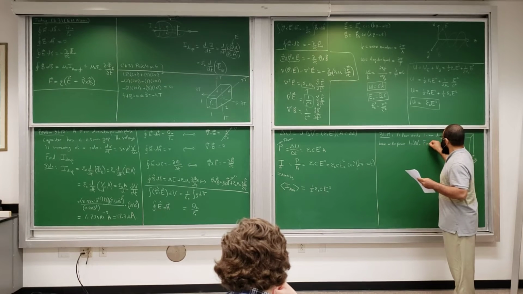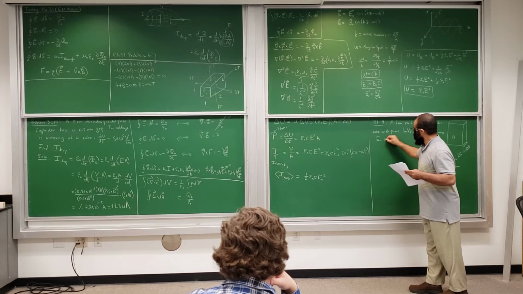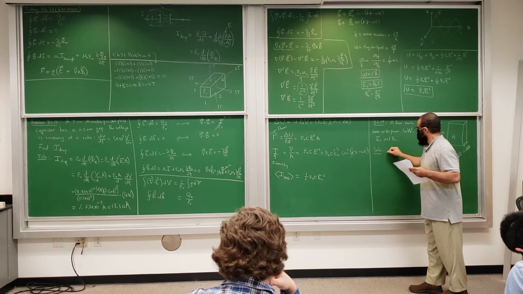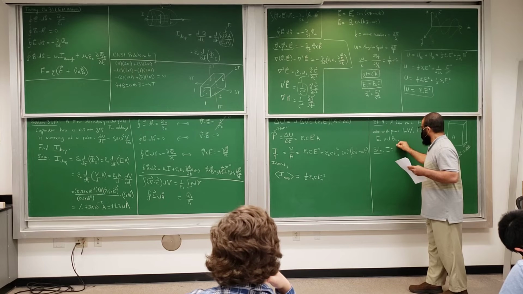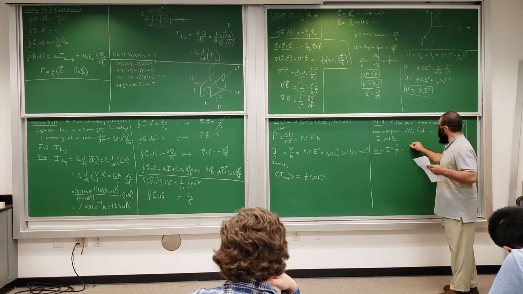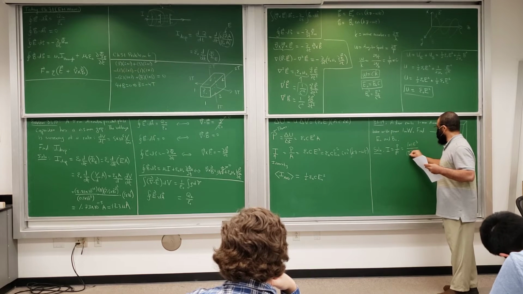And so the question is, find E0 and B0. So the solution is, first of all, the intensity is the power over the area. The power is 1 milliwatt, so 1 times 10 to the minus 3. The area is pi r squared.